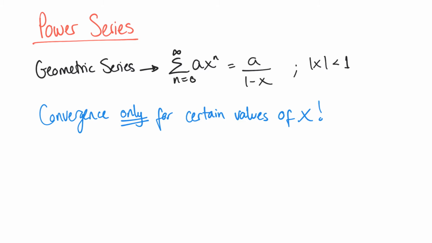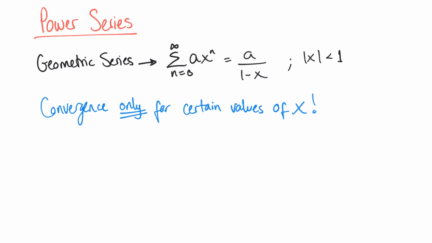Now, a power series is going to be an extension of a geometric series. And basically, it's going to look like this. I don't know if you can see, but the big difference is that the number that's multiplying x to the power of n now varies with n.